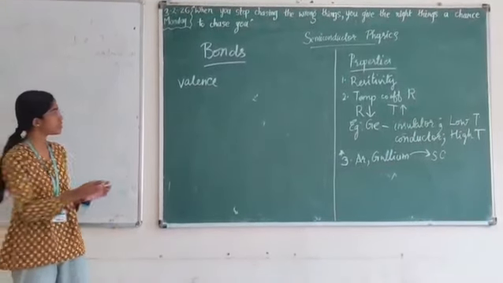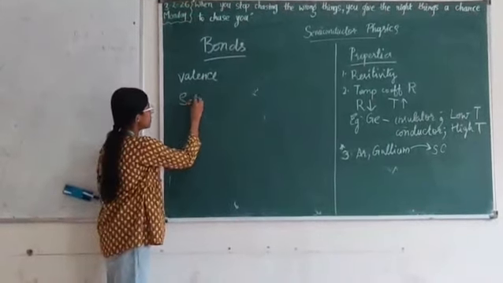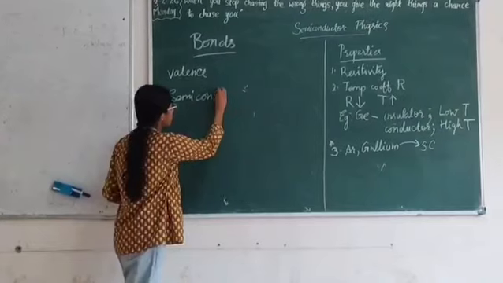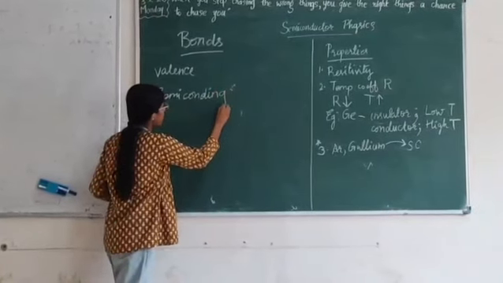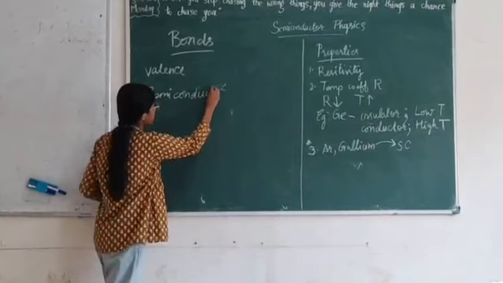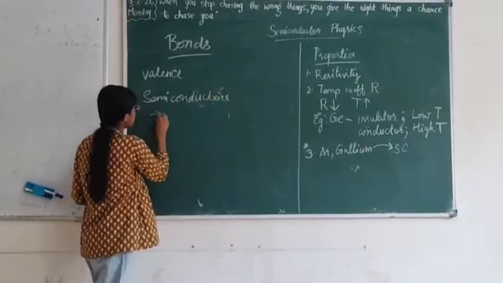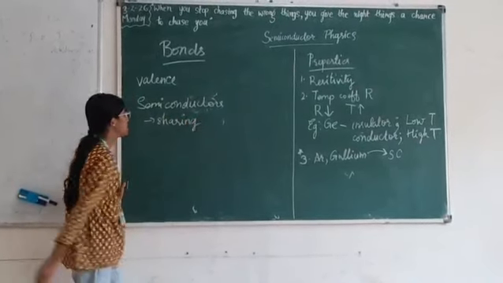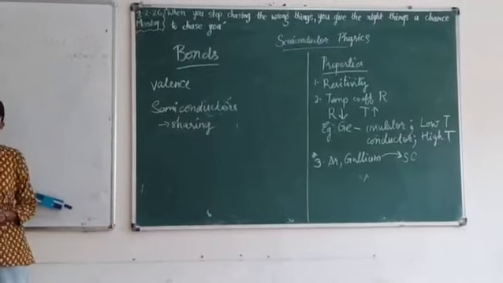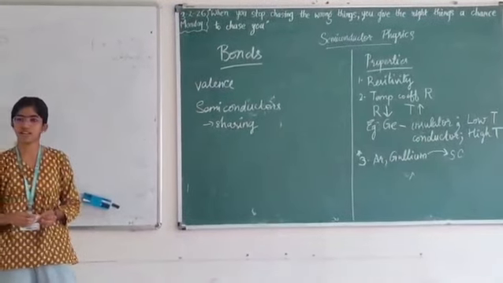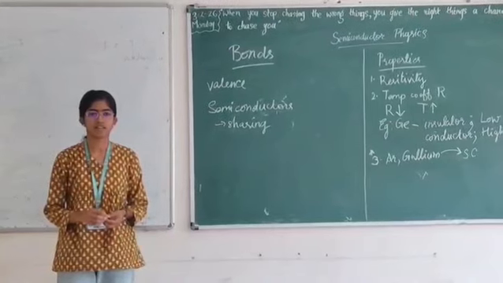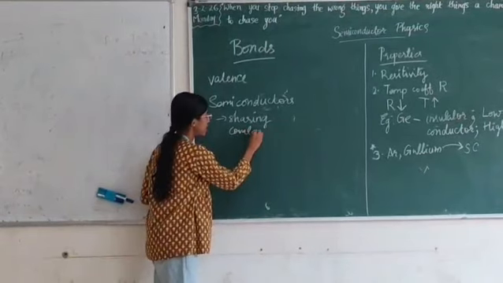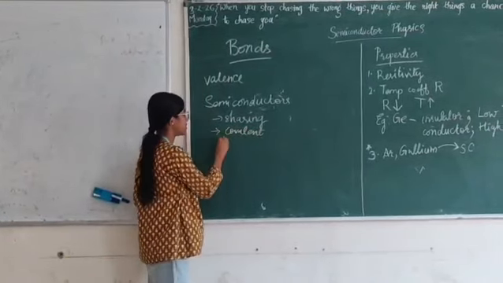So in the case of semiconductors, this bonding is formed by sharing of valence electrons. The bond formed by the sharing of valence electrons is called covalent bonding. So they have covalent bonding with each other.